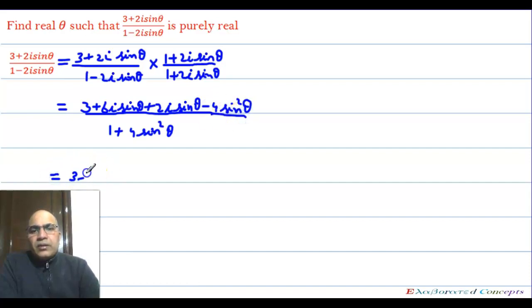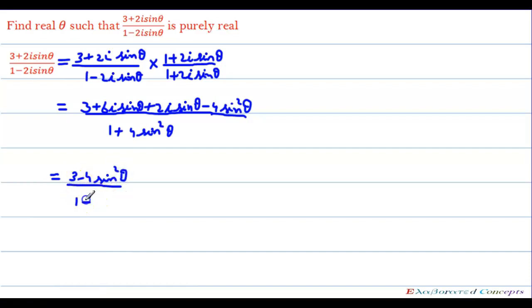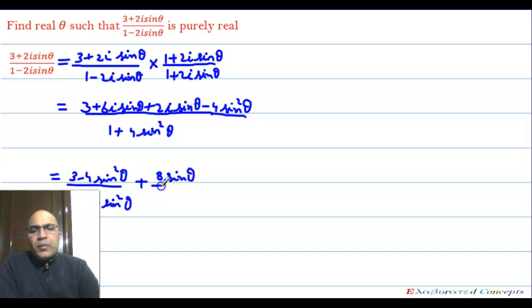Now separating real and imaginary parts, we get 3 minus 4 sin square theta upon 1 plus 4 sin square theta plus 8 sin theta upon 1 plus 4 sin square theta iota.